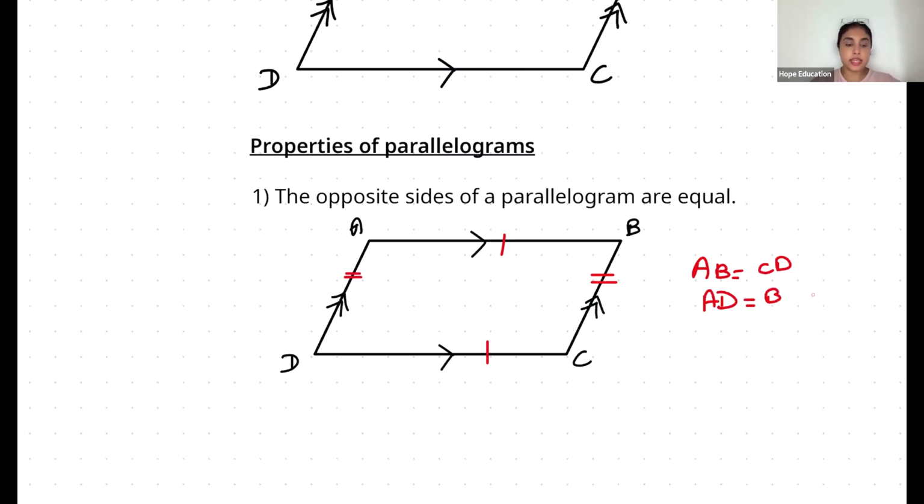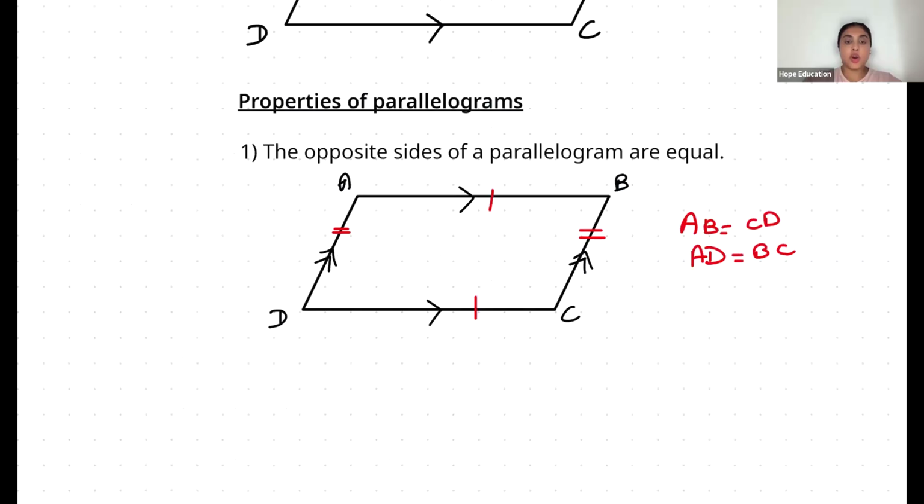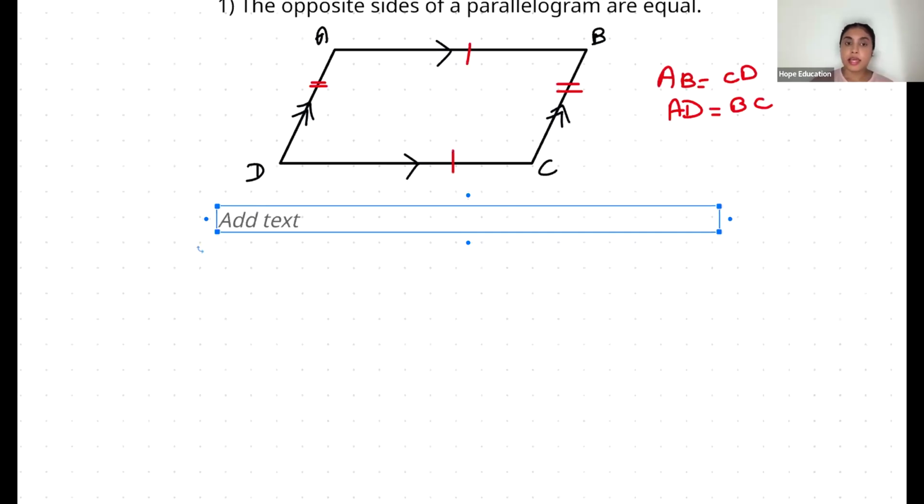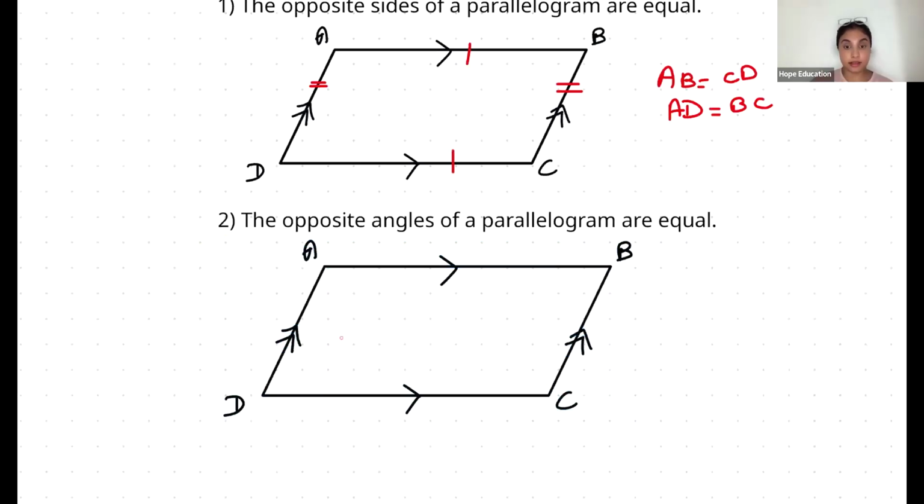Then another property is the opposite angles of a parallelogram are equal. That means if we take our same parallelogram, opposite angles, this angle and this angle are equal. So angle DAB is equal to angle BCD.